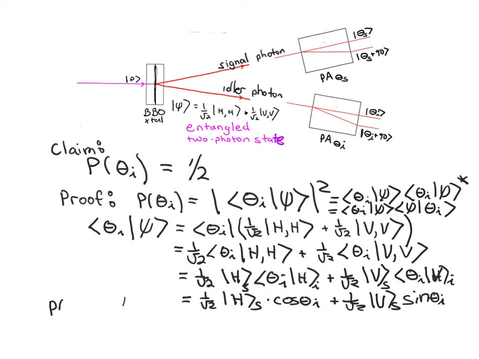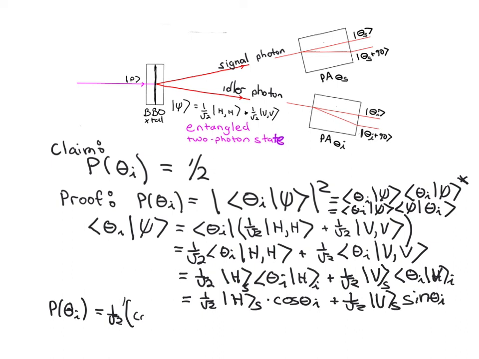So putting it all together, the probability that we're trying to calculate, I can write as just, there's going to be a 1 over the square root of 2 of, and now I'm going to write out the bra side.